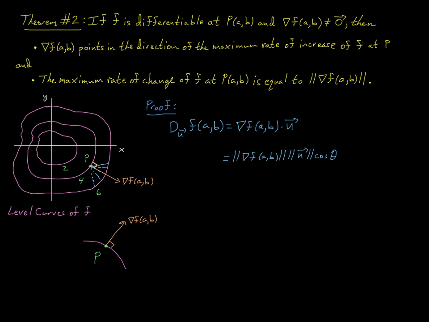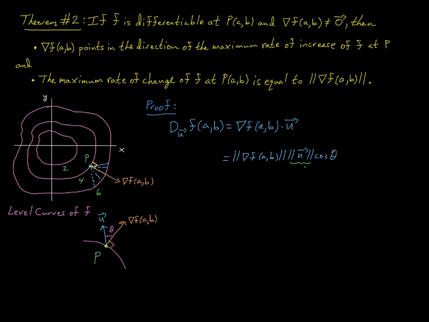And let's say I'm choosing to move in this direction, say u. The question we want to answer now is, how should I choose this vector u so this directional derivative will be as large as possible? And this angle theta, when you see it in the cosine, is referring to the angle between these two vectors.